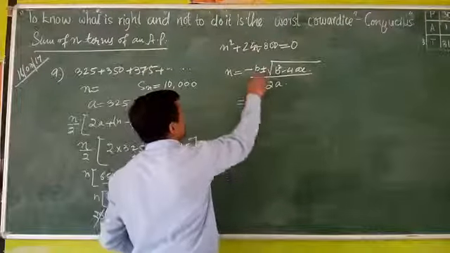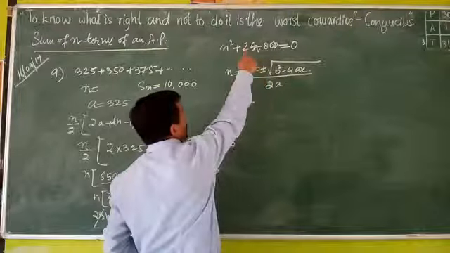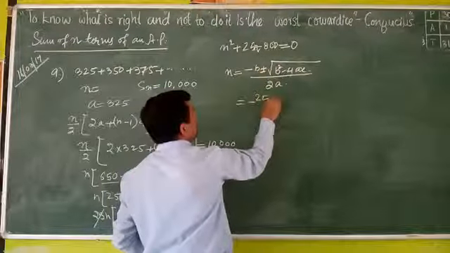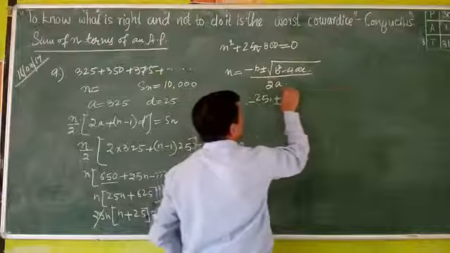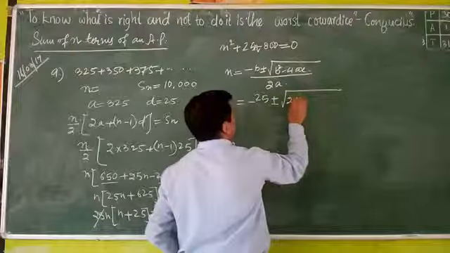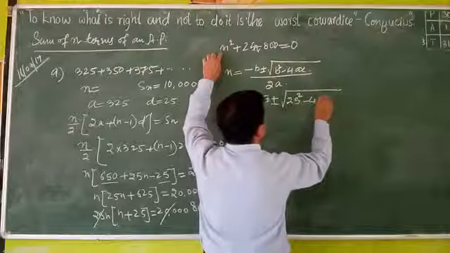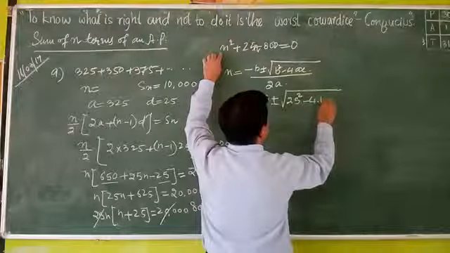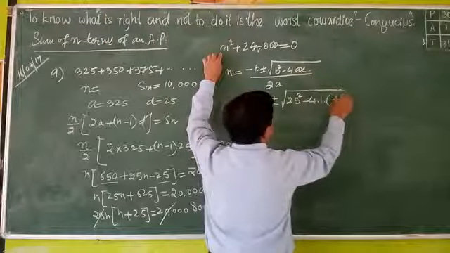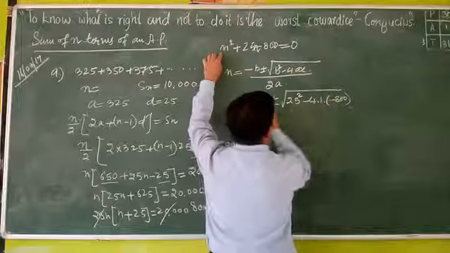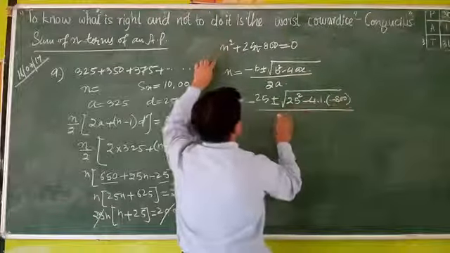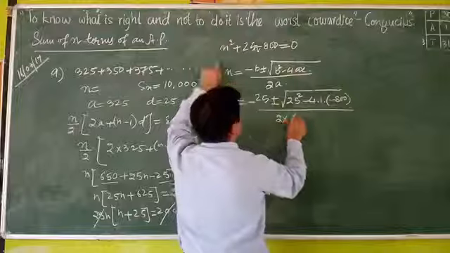So, minus b, the coefficient of n is how much? 25. Plus minus root over 25 square minus 4. Value of a is 1. C is negative 800, divided by 2a, 2 into 1.